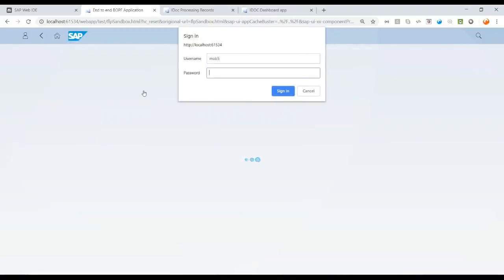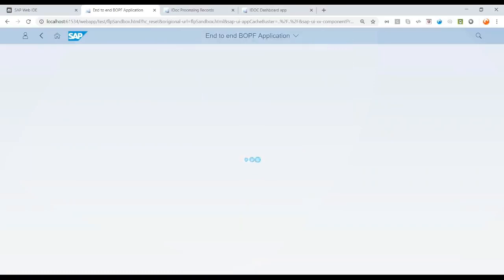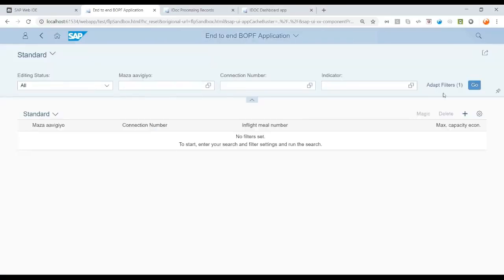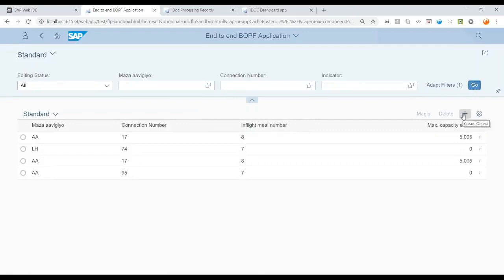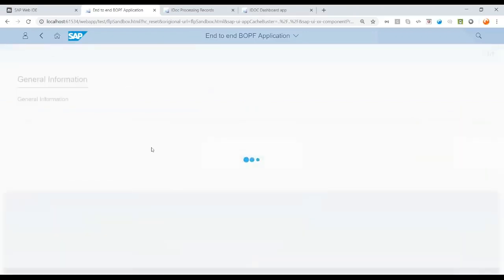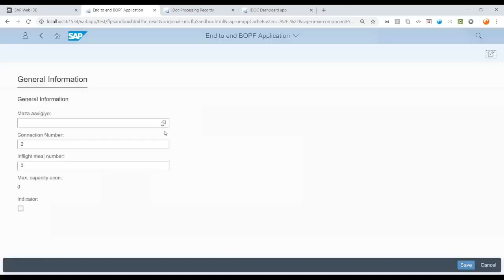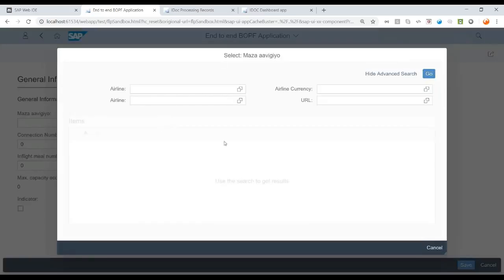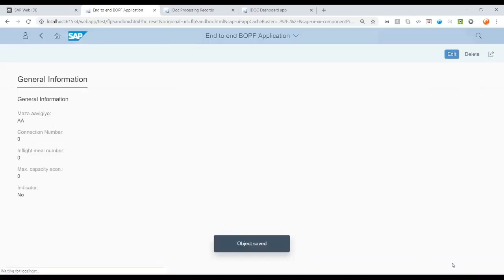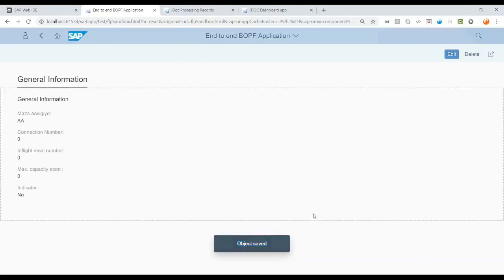Once again, it's asking for my credentials. So you can see they are all connecting to my real-time server from my local machine. Then we will be able to create, read, update, and delete records with this transactional application, doing validations, F4 helps, and all the stuff like that. We will be learning all these things.